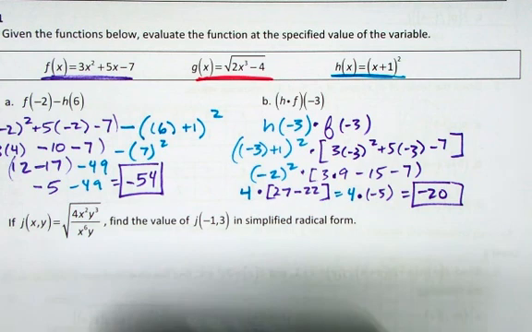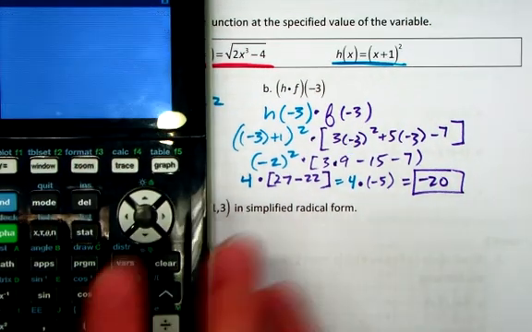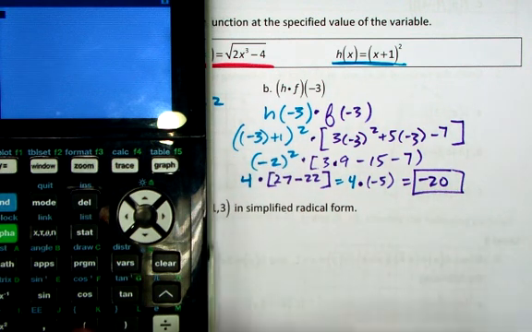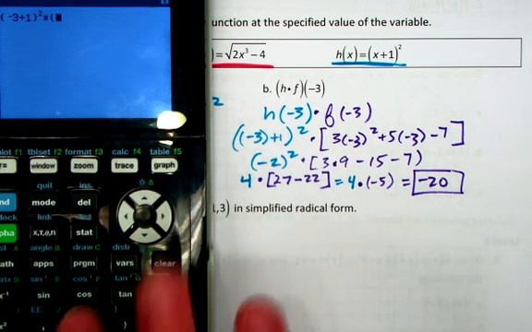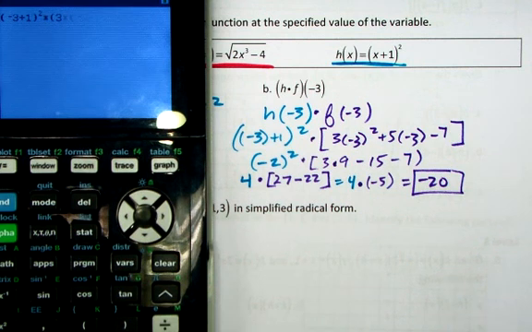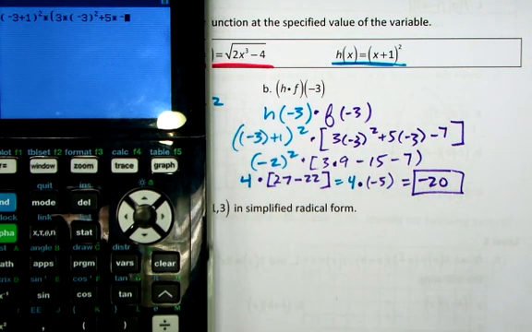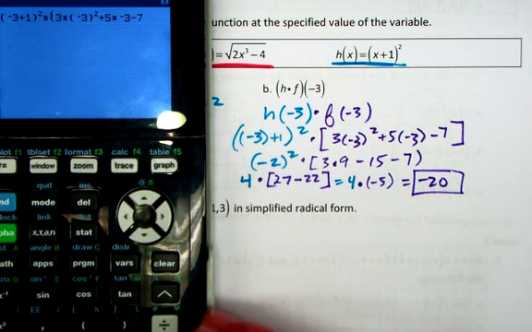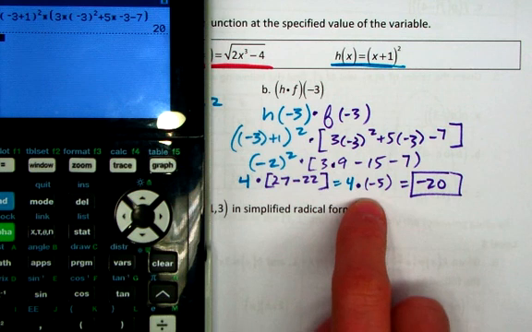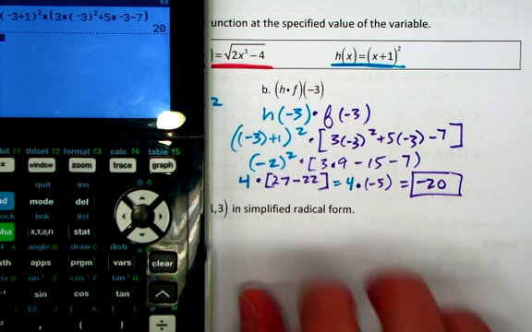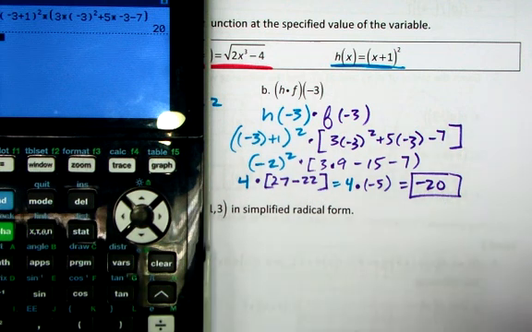Okay, so I'll just verify so I can type it all into my calculator. So here I can have negative 3 plus 1 quantity squared times parentheses 3 times negative 3 squared, and then plus 5 times negative 3 minus 7, and parentheses negative, oh, oh yeah, see, that's why I checked using my calculator.